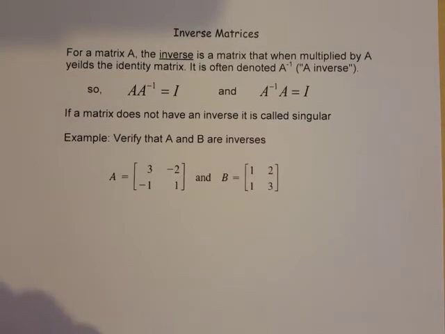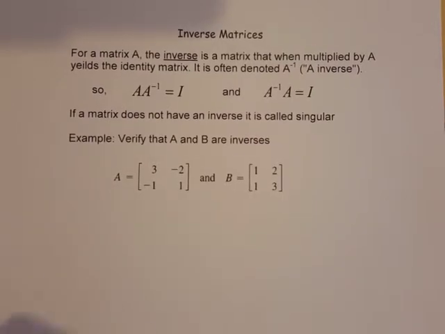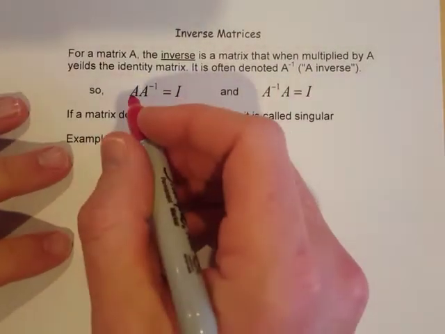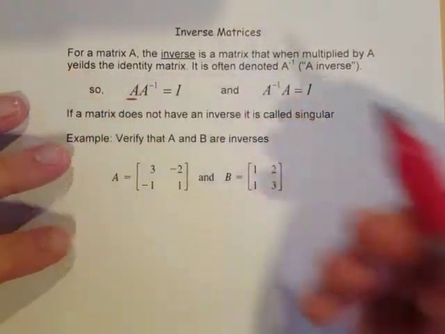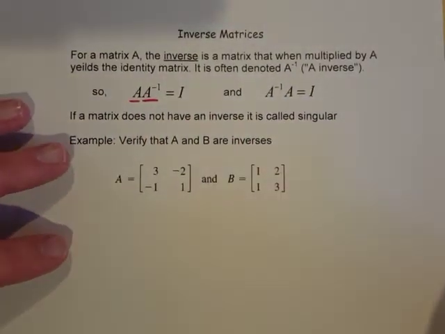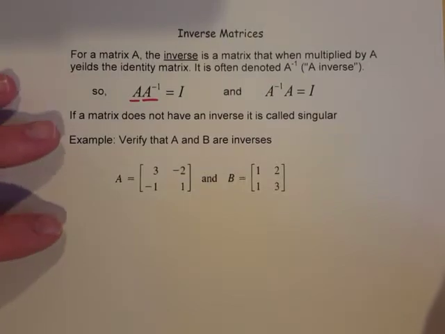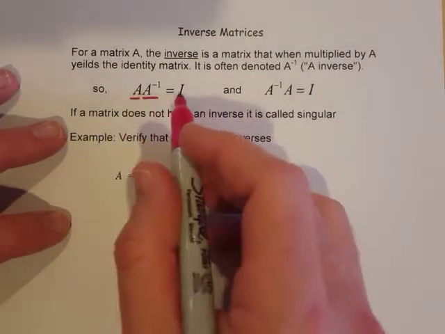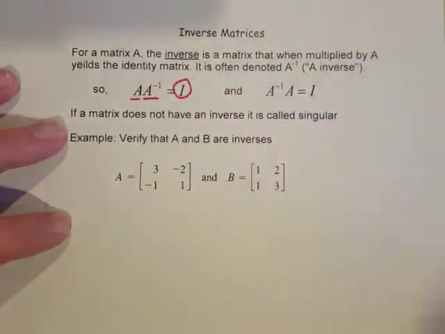Now, inverse matrices, inverses in general are things that sort of undo each other. So we're going to look at the possibility of having a matrix, call it A, multiplied by its inverse. If we have inverses and you multiply them together, what will end up happening is that out will come the identity matrix.